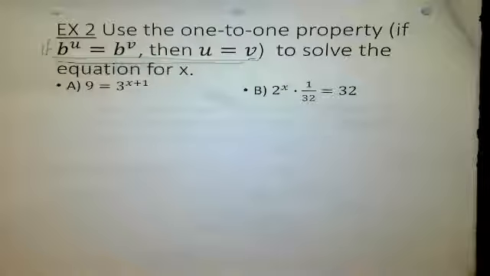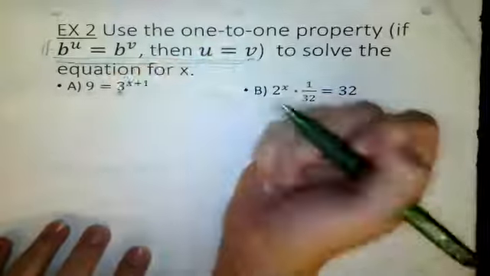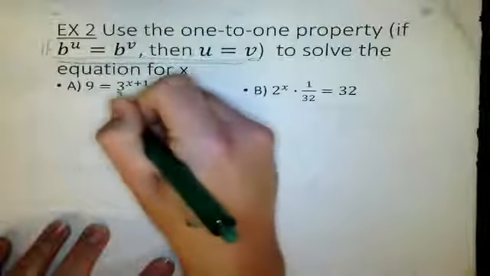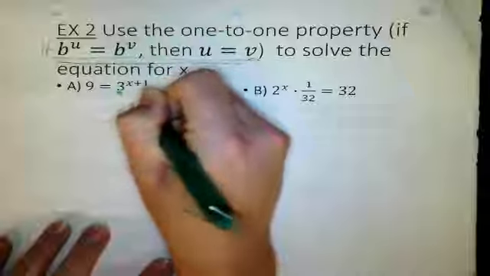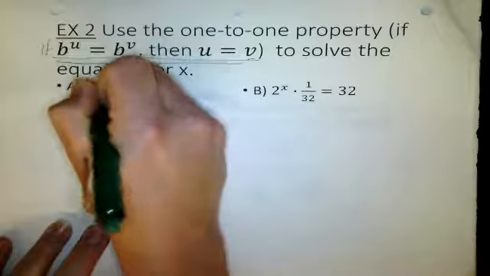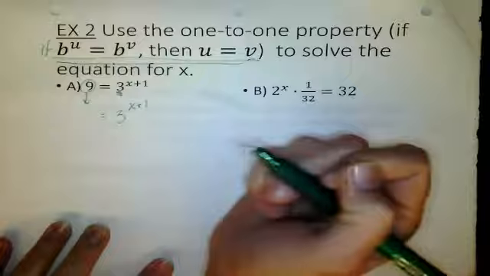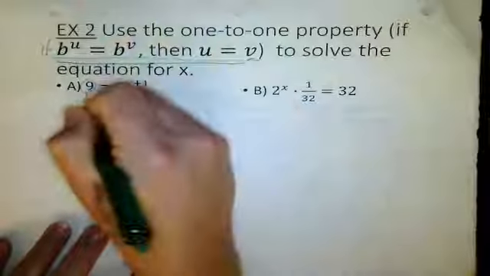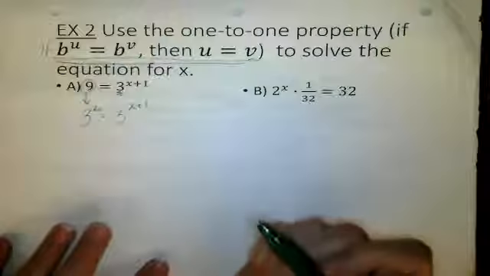And so if we have 9 equals 3 to the x plus 1, what I want to do is try to rewrite something so that I have the same base. So here I have a base of 3. It's a nice small number. That's great. I think I'll keep that. But I would really like to trade in the 9. What can I trade in the 9 for? 3 squared. Very good.